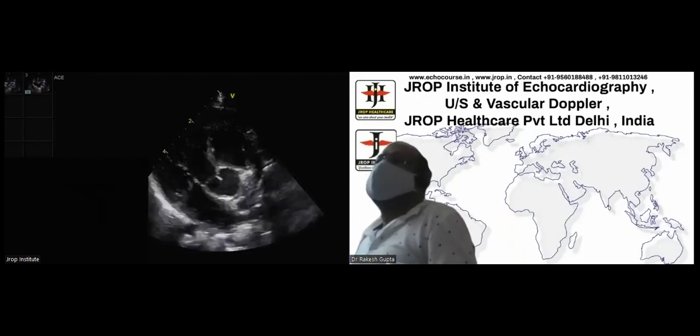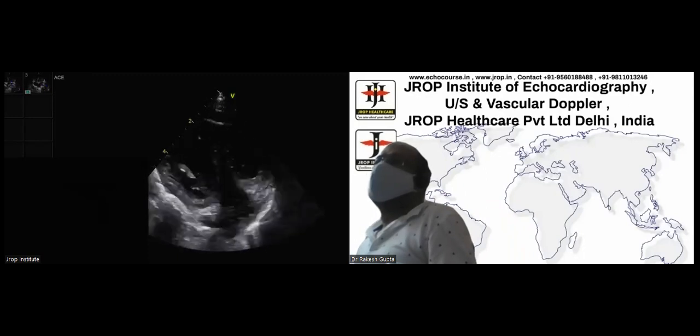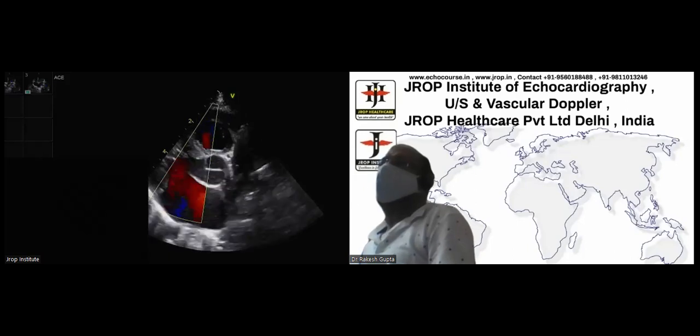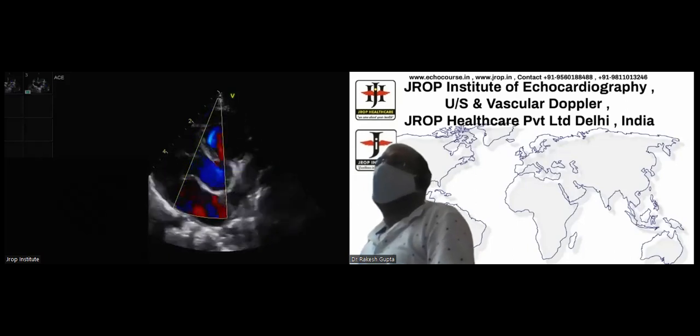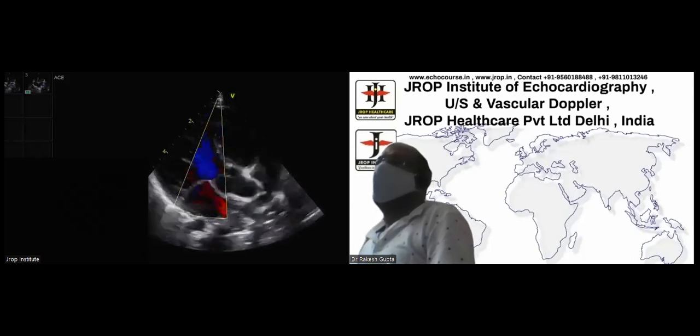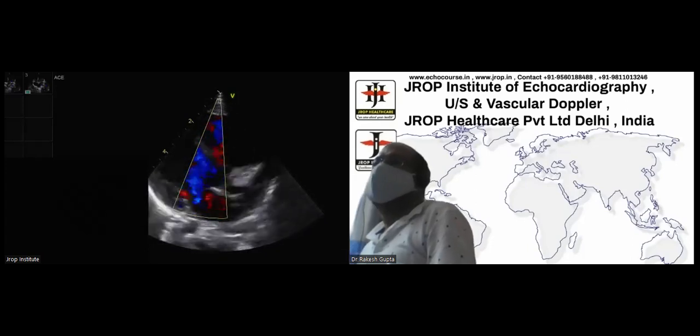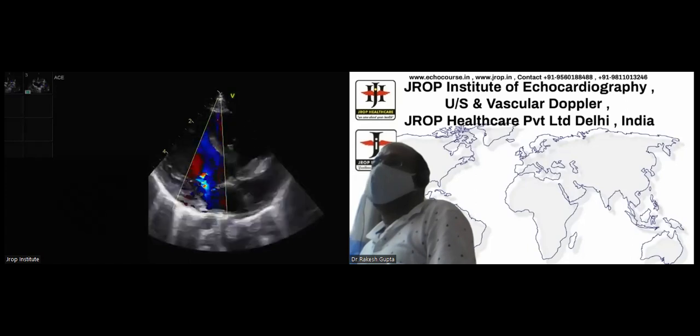And in this, if I tilt my transducer a little towards up, I can see my shunt again. No, I can't see any shunting over here. I'm trying. Child is getting irritated. Some amount of mitral regurgitation is already happening.